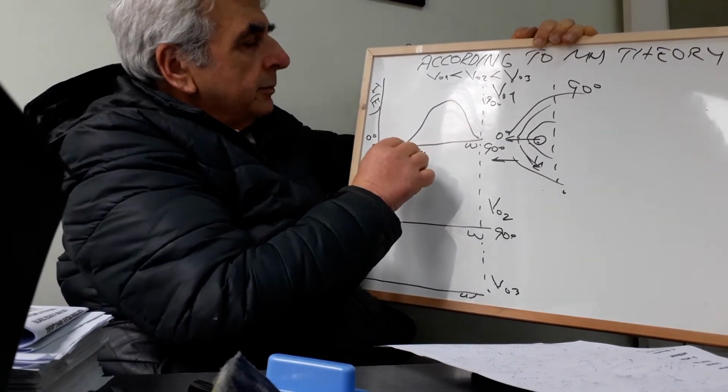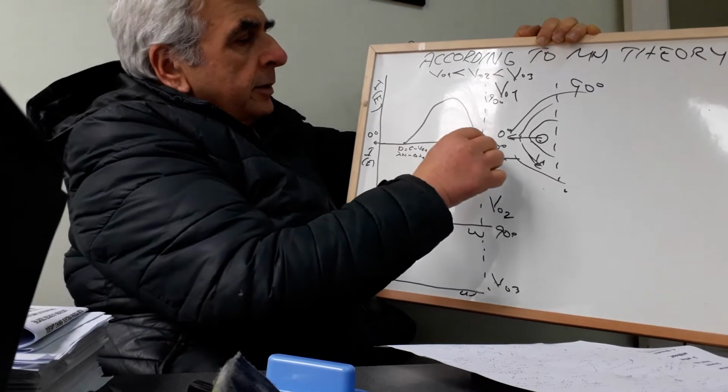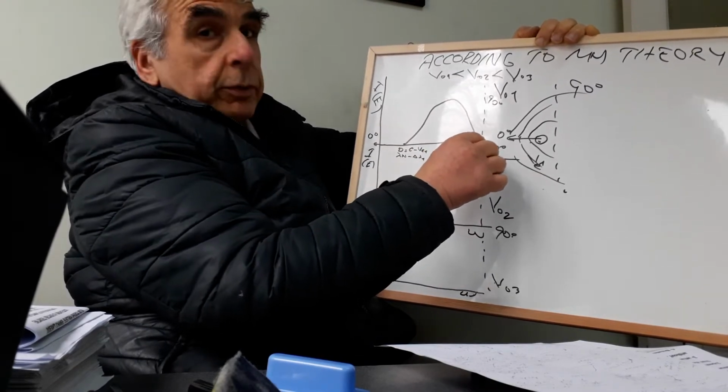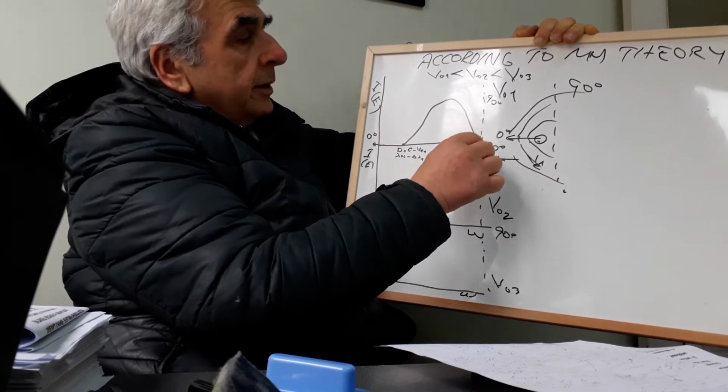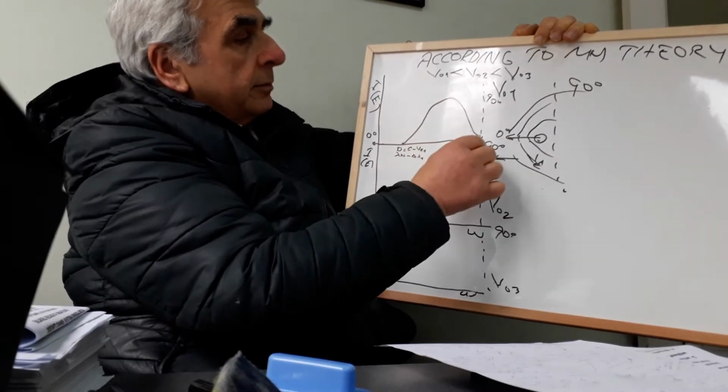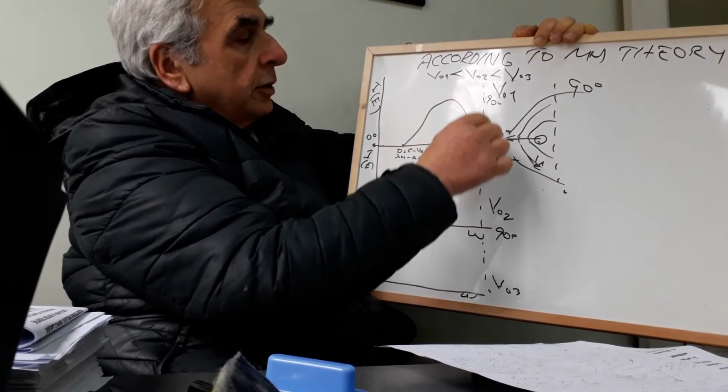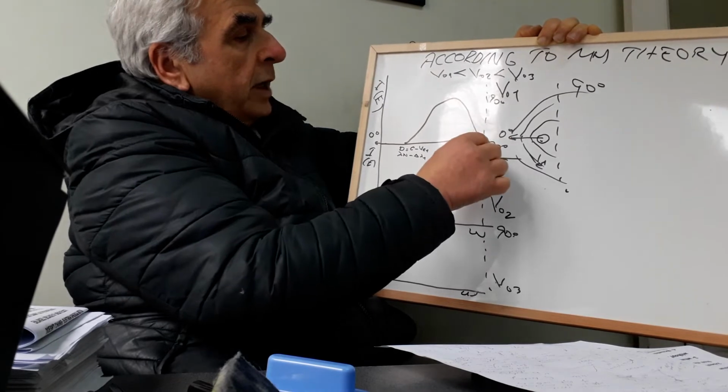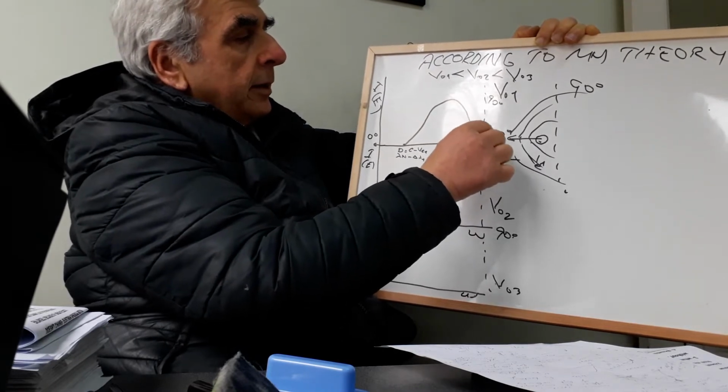This point, the 90° point, is the starting point. This is the normal wavelength, lambda n.